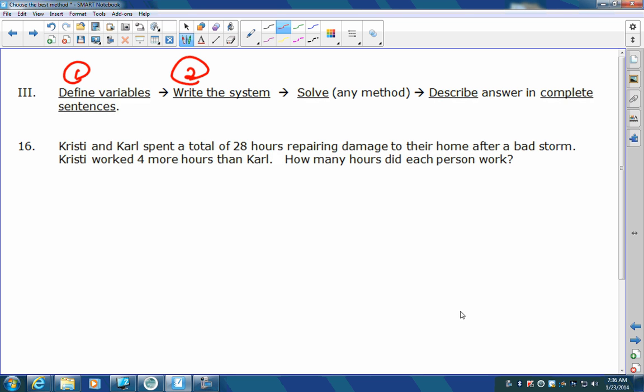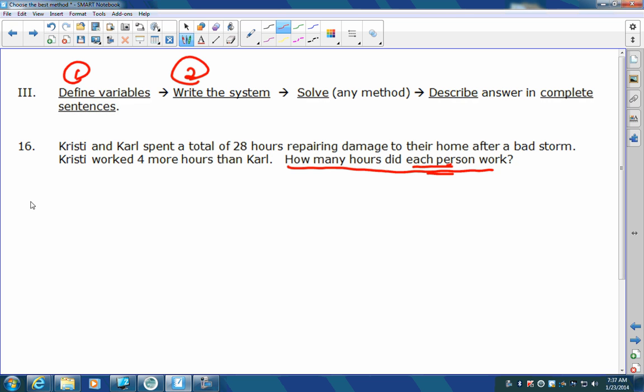Christy and Carl spent a total of 28 hours repairing damage to their home after a bad storm. Christy worked 4 more hours than Carl. How many hours did each person work? Here's the question that tells you what we're looking for. It says how many hours did each person? Who are the people we're talking about? Christy and Carl.